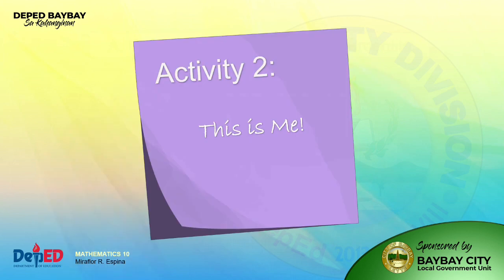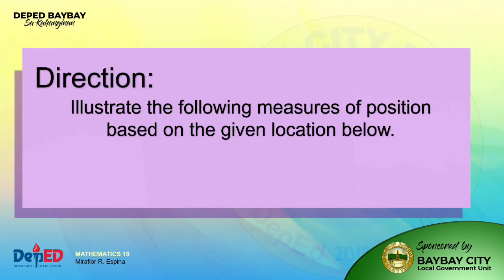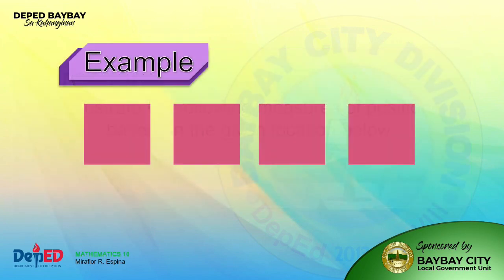This time, let's proceed to Activity 2. This is me. Directions: illustrate the following measures of position based on the given location below. You are given 10 seconds to answer each item. For example, you are given the first quartile or Q sub 1.